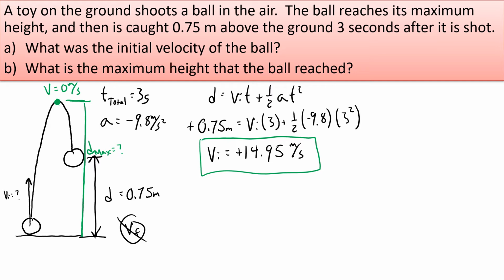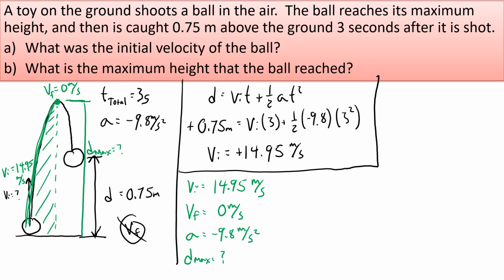And even if you're looking at the first segment, think about what you know. The final velocity is 0, and now we know the initial velocity, we calculated it to be 14.95 meters per second. So we could use that value in our first segment calculation analysis.